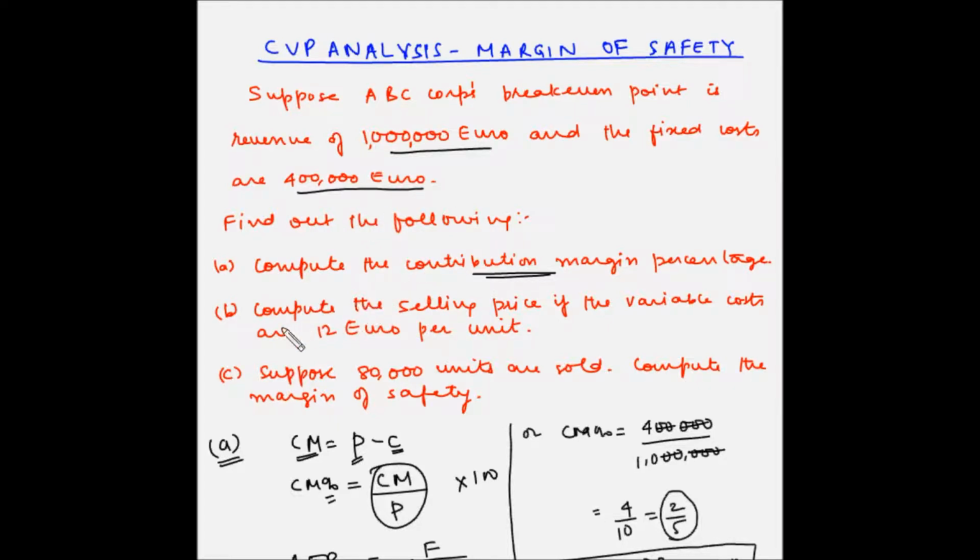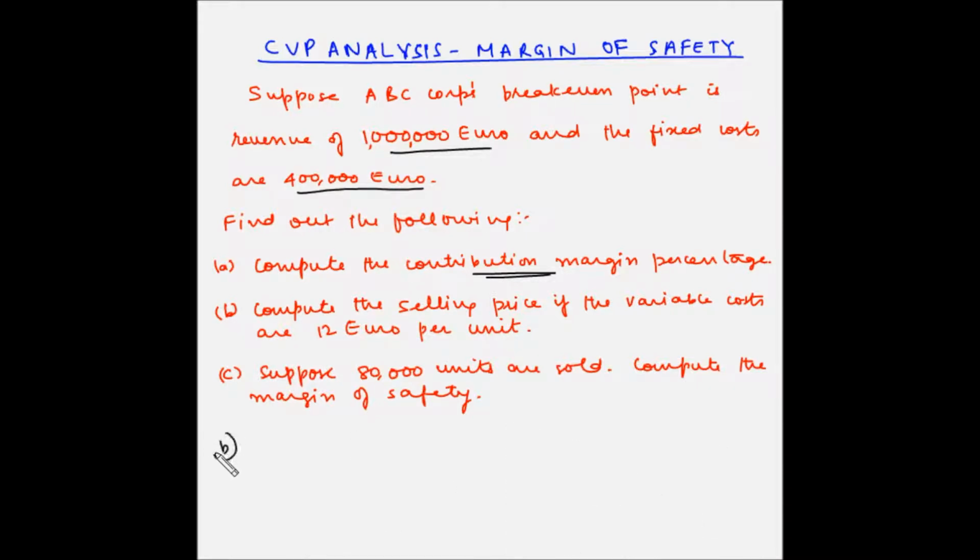Now let's move to the second point, which is compute the selling price if the variable costs are 12 euro per unit. So let's move to part B. So now we have to find out the selling price where the variable costs are 12 euro per unit. So now we have the break-even point in terms of revenue.